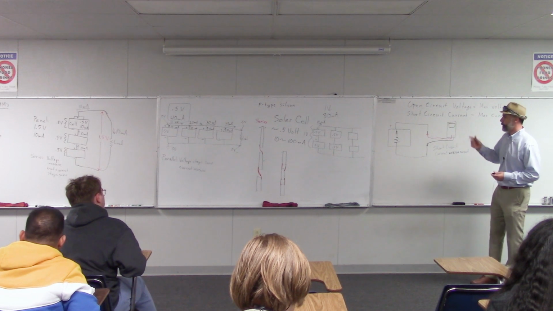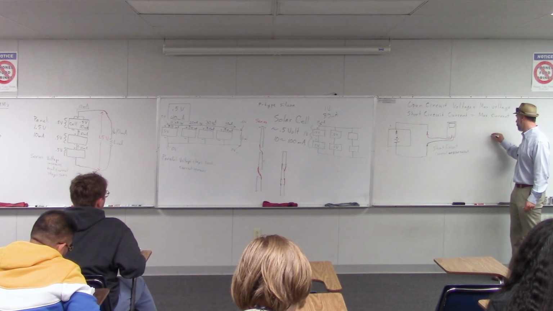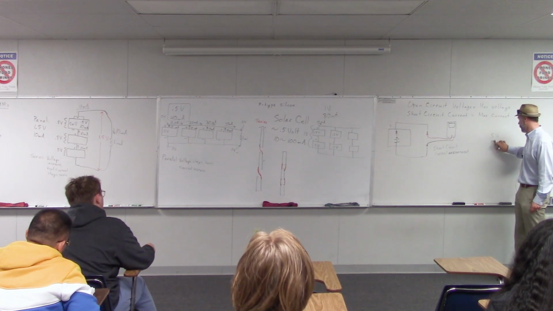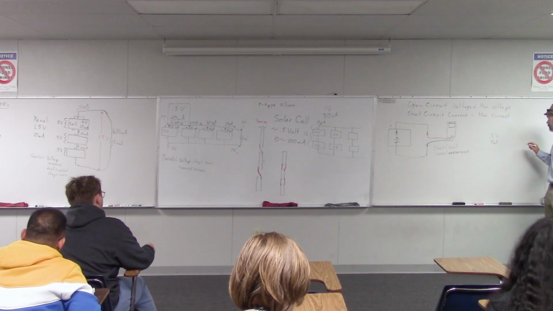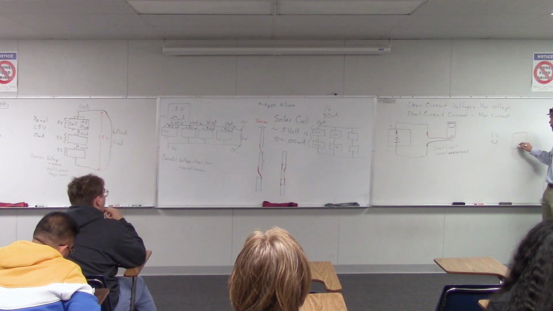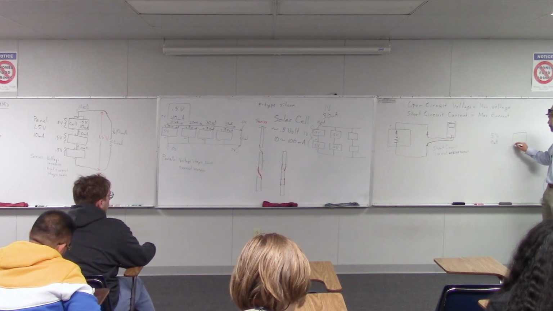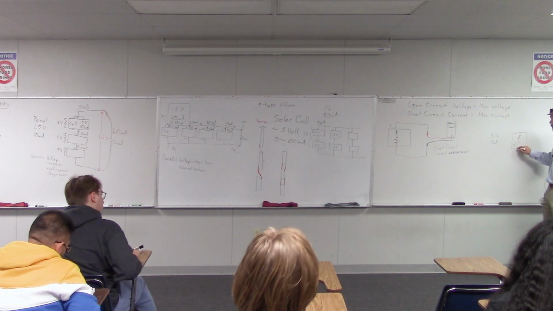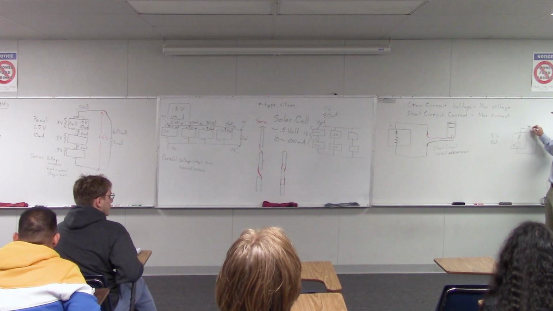So, for instance, if we had a cell that was producing 0.5 volts and, say, 10 milliamps, what that really is saying is that you've got a battery here that's 0.5 volts and a resistor, and this whole thing is producing 10 milliamps.